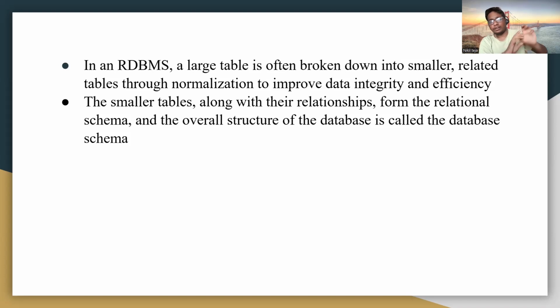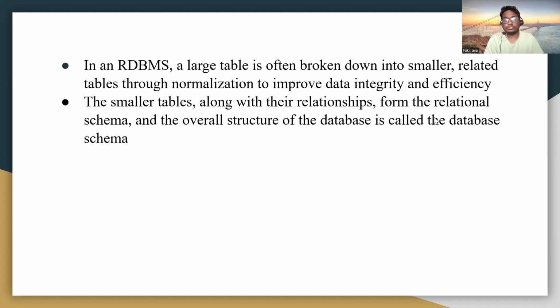There will be a large table, and the small tables are the subsets of the large table, and these small tables are related to each other, so that it can improve the efficiency of the database, as well as the data integrity.